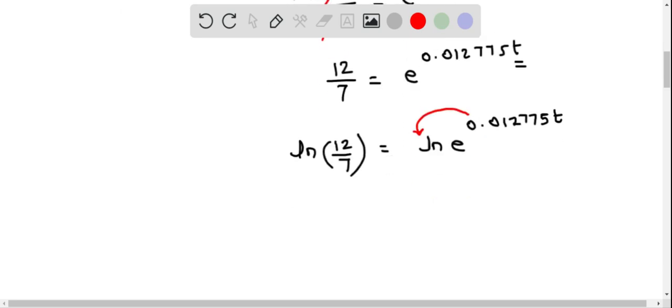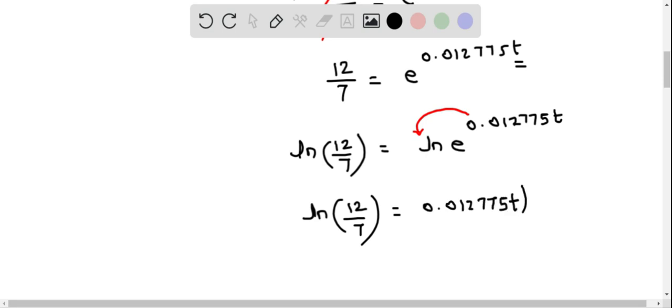So therefore, this becomes the natural logarithm of 12 over 7, and this equals 0.012775t times the natural logarithm of e. As we already know that natural logarithm of e is equal to 1, we can remove this from the equation.